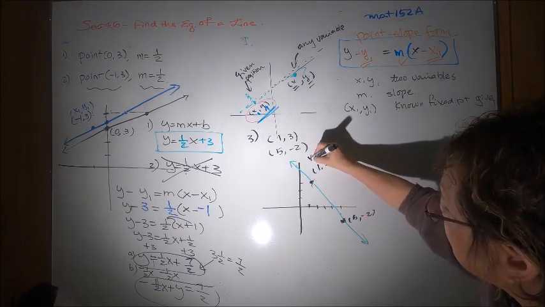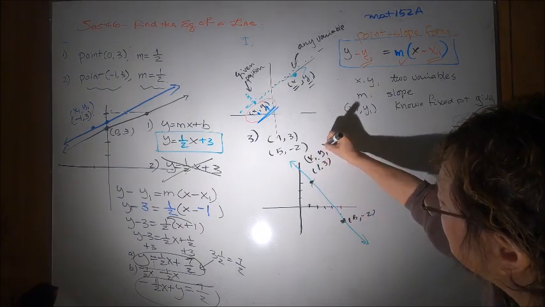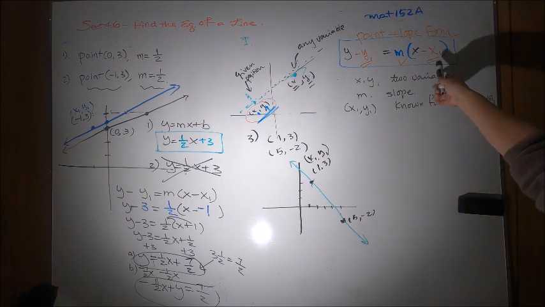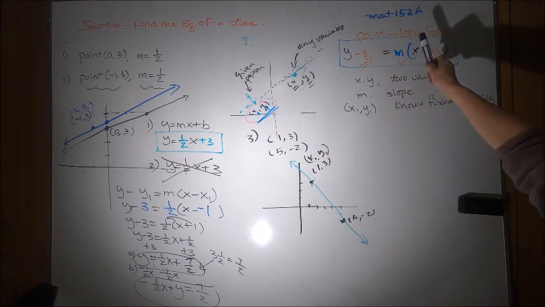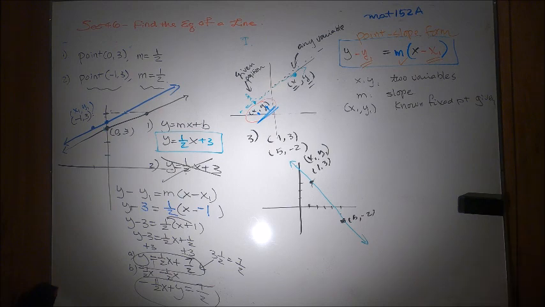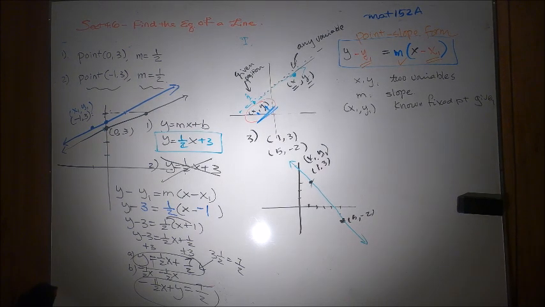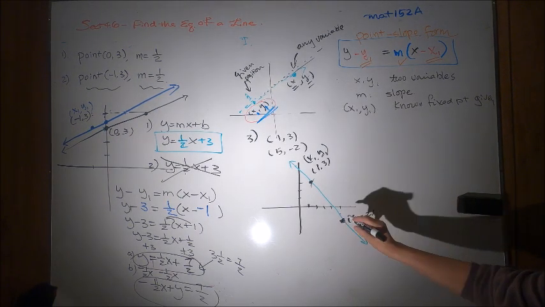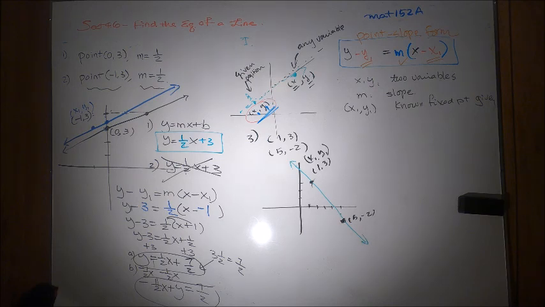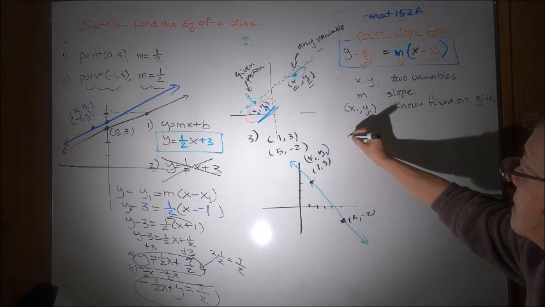We do have a point, right? We'll say that's our point. But we use the point slope form. We need to have a slope. But right now, do we have slope? Not yet, right?